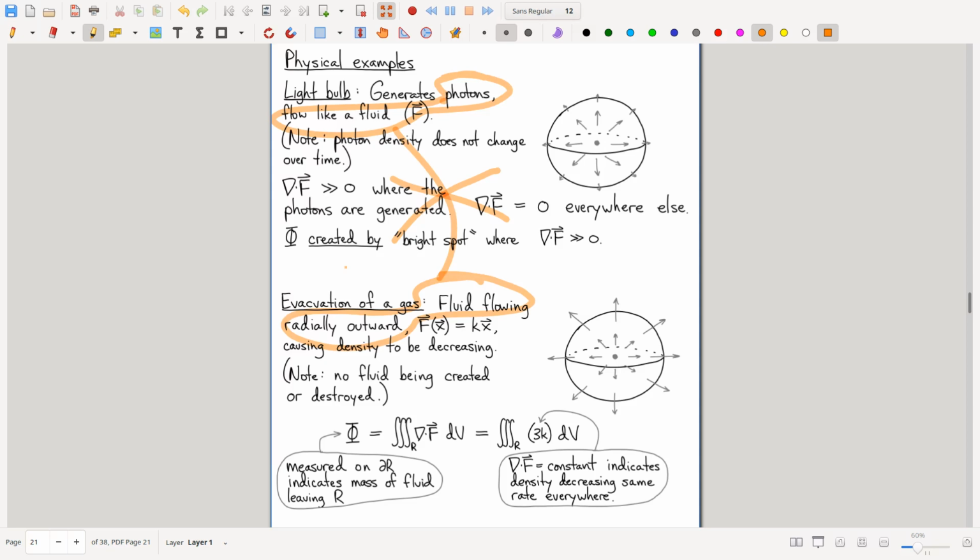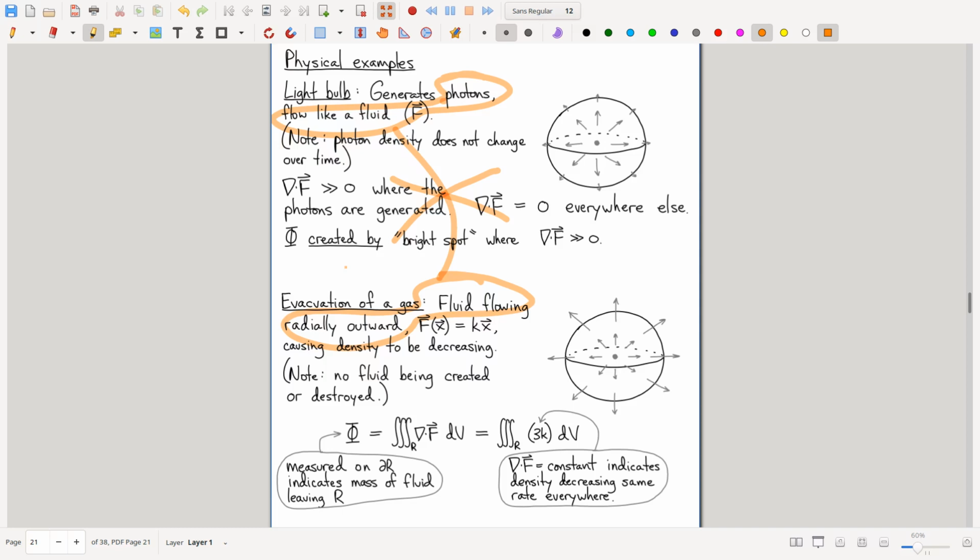For one thing, when you have a light bulb and you're generating photons, you're creating new photons. You're making photons. We're not making gas. Right? So the vector field represents a physically, very fundamentally different kind of a fluid. We're generating photons. We're not generating gas.